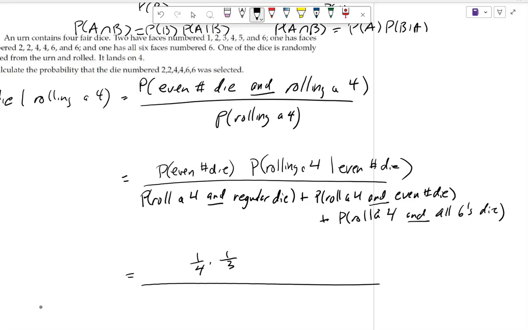Okay? So just to write that below this in red, this is the probability of regular die, times the probability of rolling a 4 given regular die. This is the probability of even die, times the probability of rolling a 4 given even die.